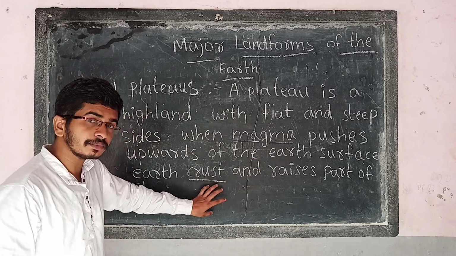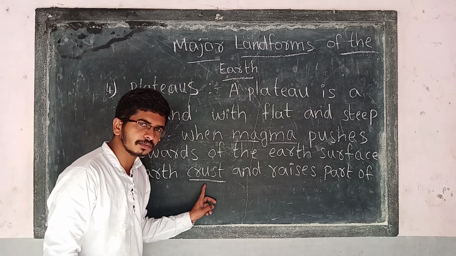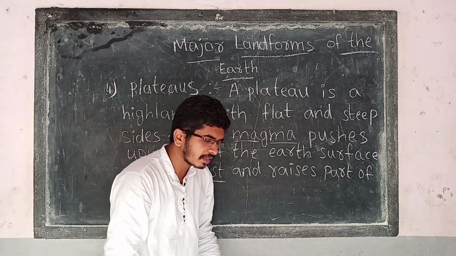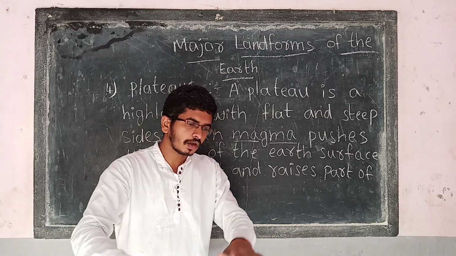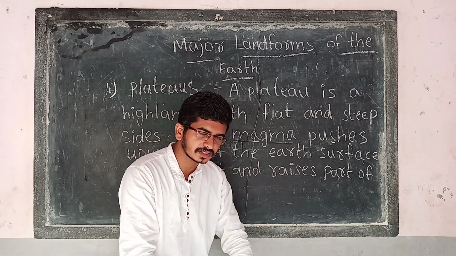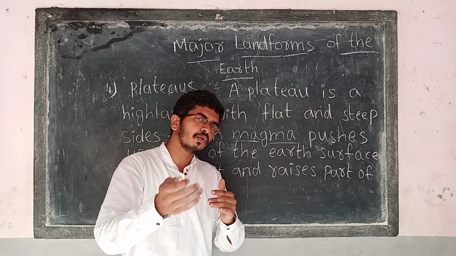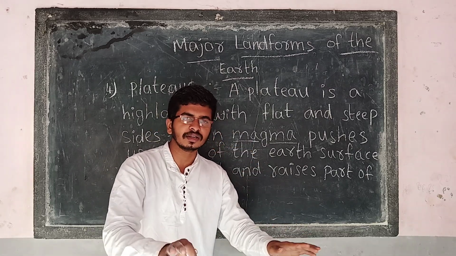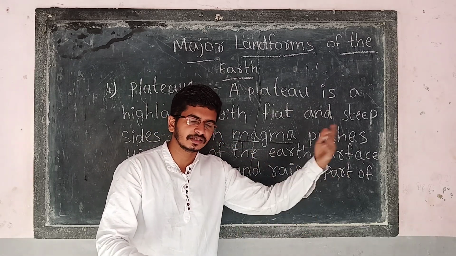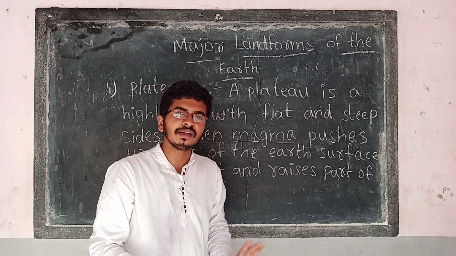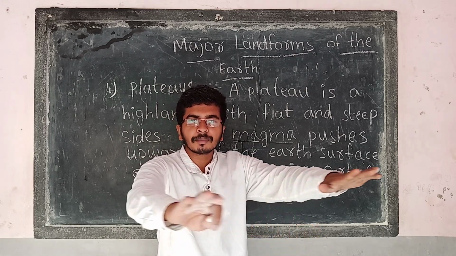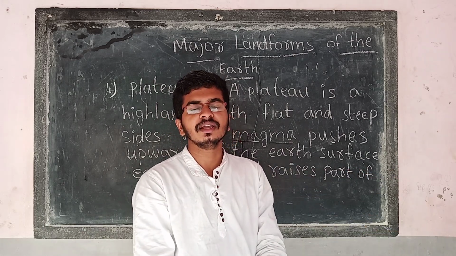Earth crust means the top surface of the earth, the upper area. After going down to some depth, it is crust. If you go deeper, then it is not crust, it will be the mantle and core. So the upper part of the earth is called crust. Clear? The upper part of the earth surface is crust.